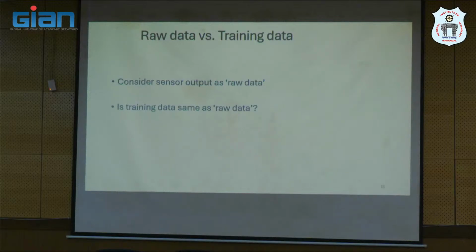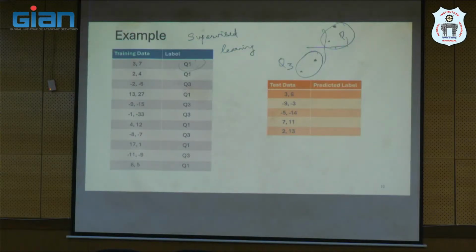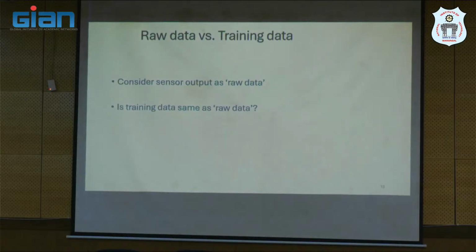So the first question to you is, the training data that I am showing here, is it the same as the raw data that is collected from the sensor? What do you think? Okay, no is one answer, yes is one answer. There are two answers for sure. Why do you think yes or no?